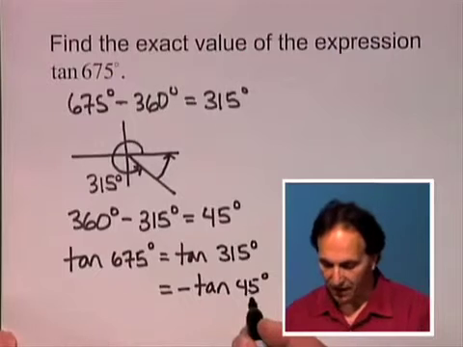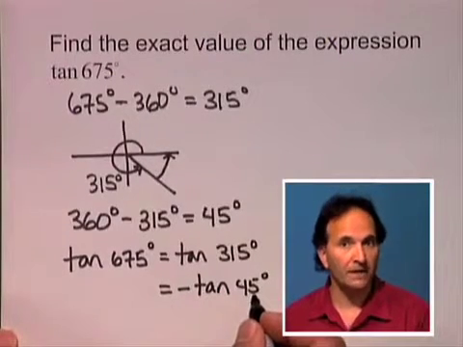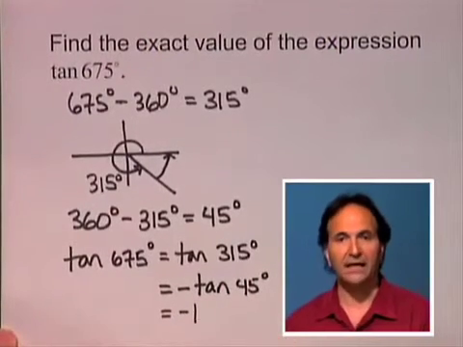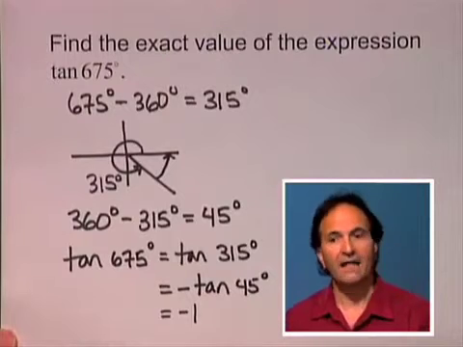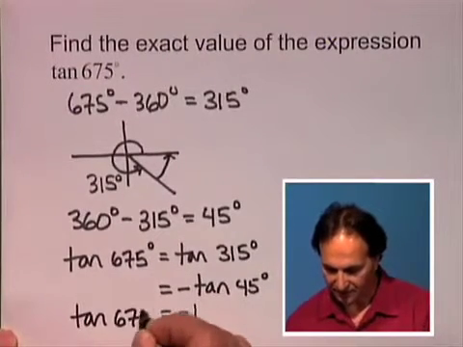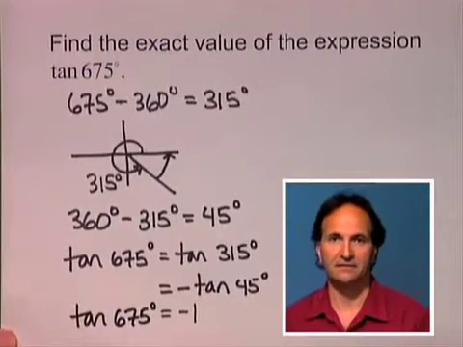From our knowledge of 45 degrees, we know the tangent is equal to 1, so negative tangent 45 degrees would be equal to negative 1, and that tells us that the tangent of 675 degrees equals negative 1.